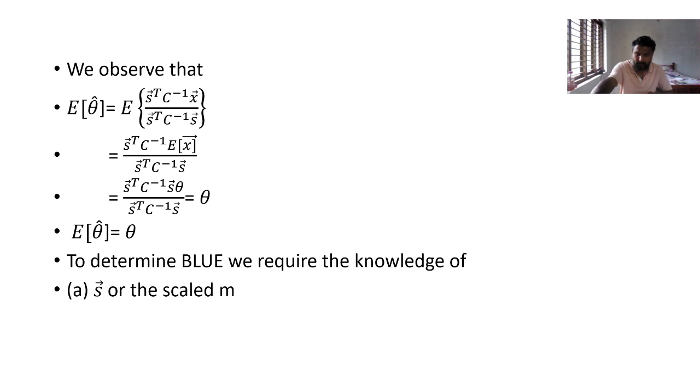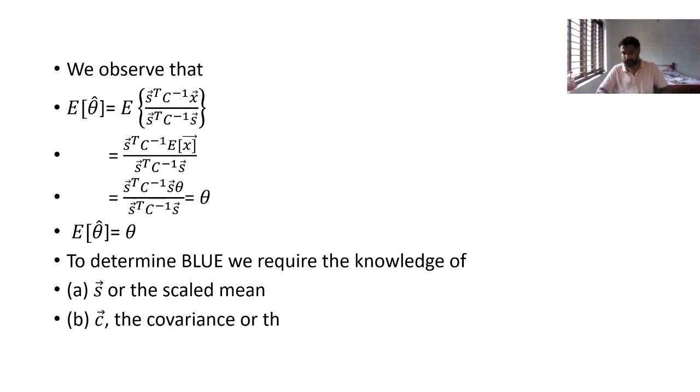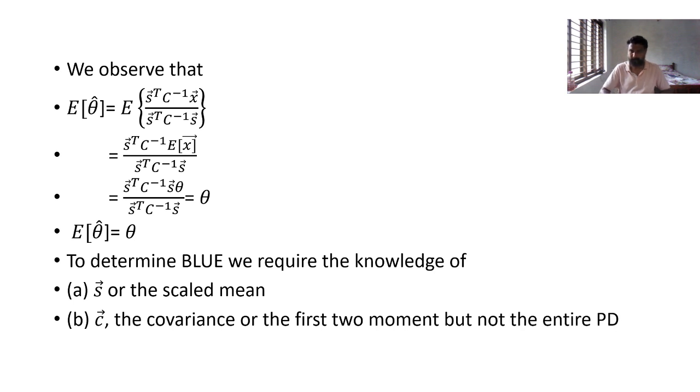The second one is the covariance matrix C. So we need the covariance, or the first two moments, but not the entire probability density function. This is something regarding the BLUE. We can proceed with one or two problems related to this BLUE in the next video lecture. Okay, thank you.